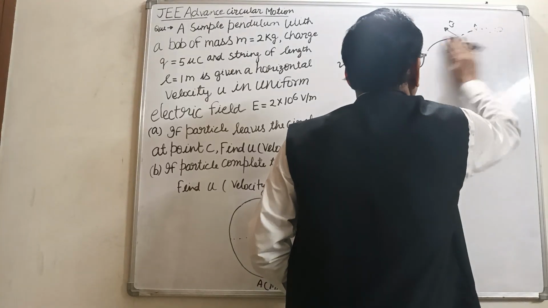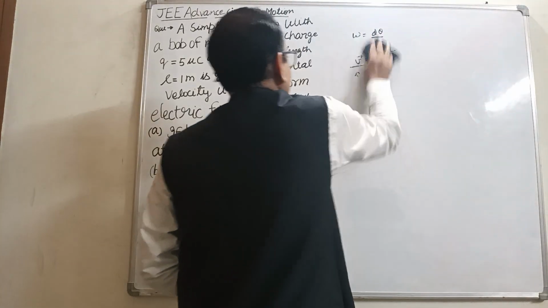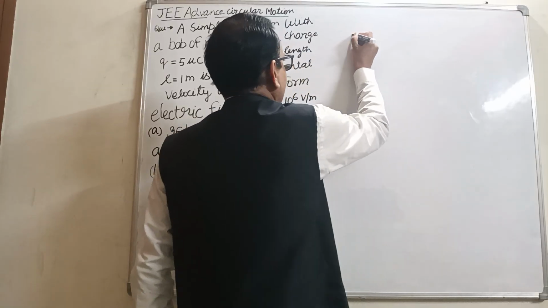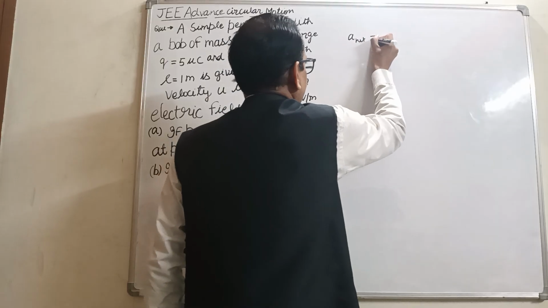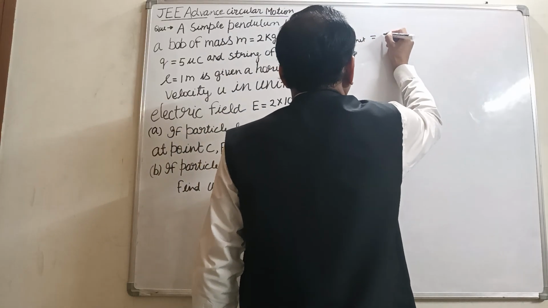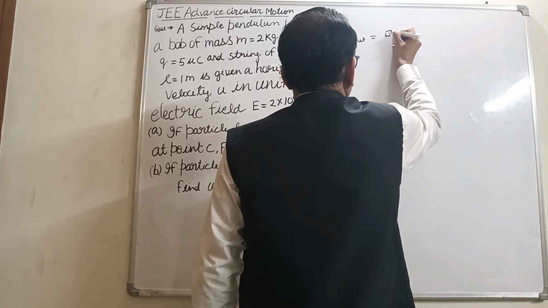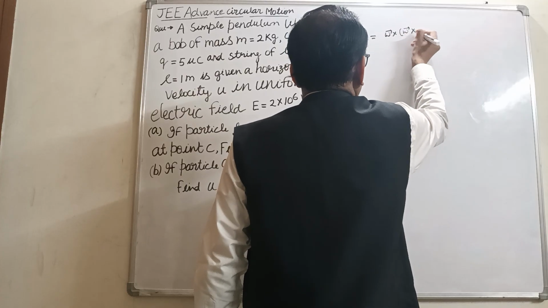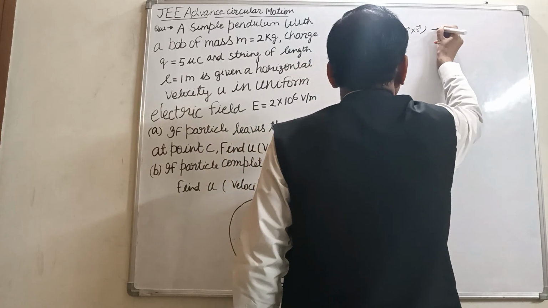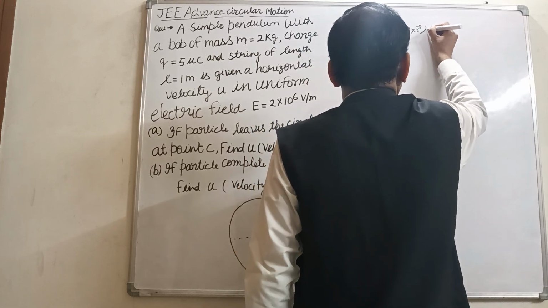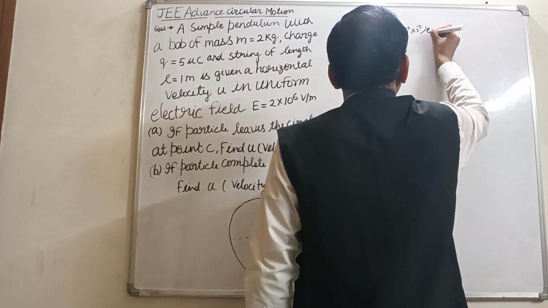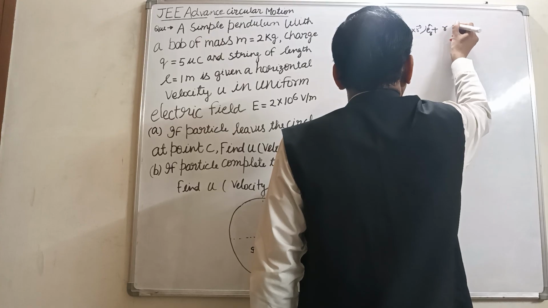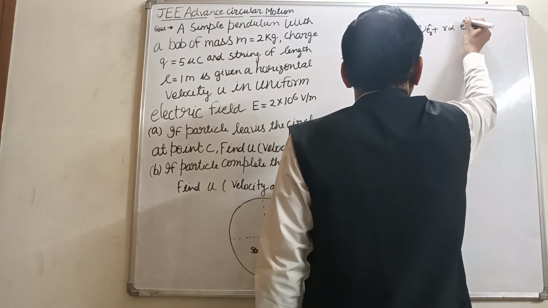What would be the net acceleration in uniform circular motion? The net acceleration a net would be omega vector cross (omega vector cross r vector) plus r alpha et cap.